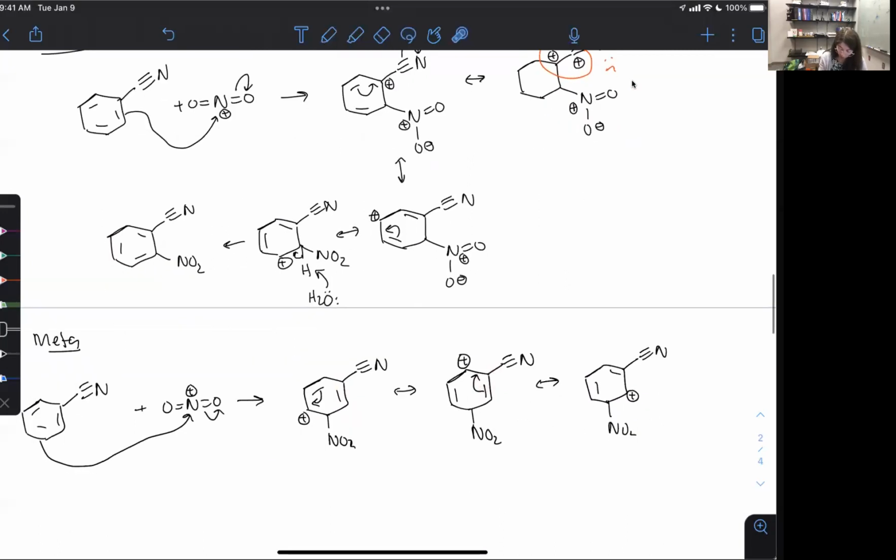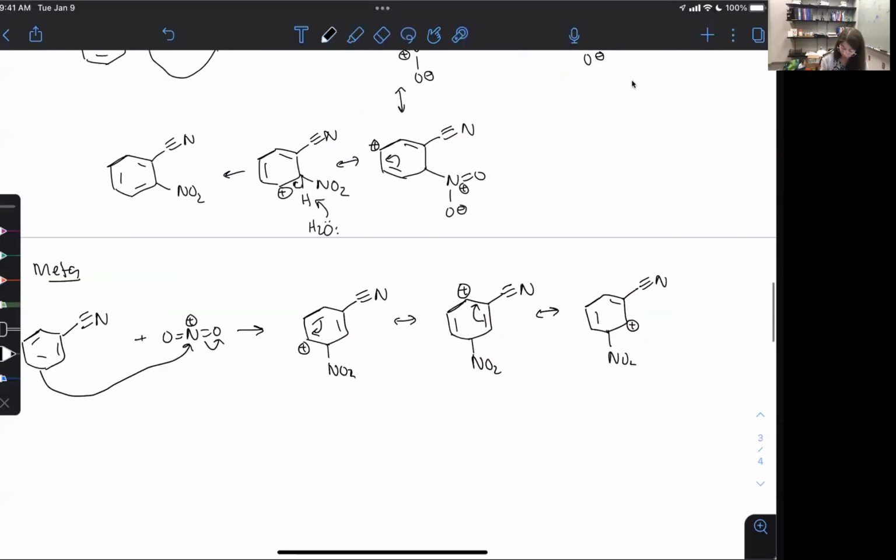In this case, we have our delta positive carbons nicely spread out, so they're never really coming into close contact with the delta plus carbon of our nitrile. So this is a good thing that we're avoiding that situation.